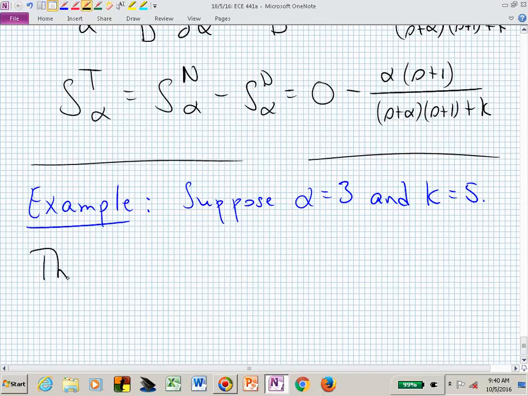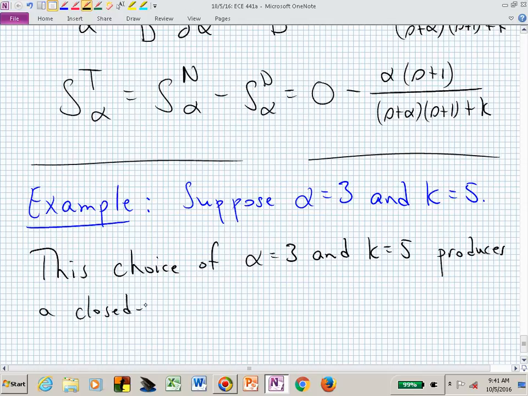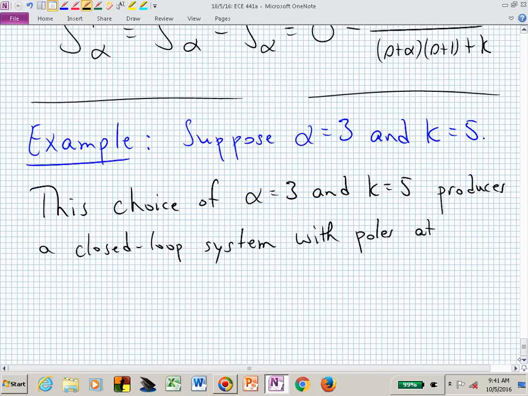Maybe I'll just tell you that this choice of alpha equal 3 and K equal 5, if we substituted those back into our closed loop transfer function, they would give us a closed loop system with closed loop poles at s equal -2 plus and minus j2.